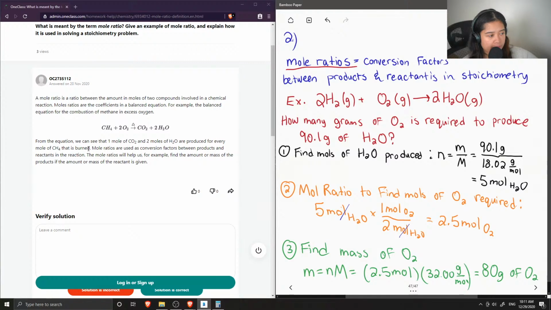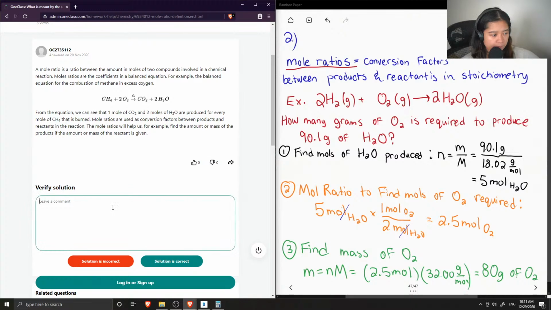From the equation, we can see that 1 mole of carbon dioxide and 2 moles of water are produced for every mole of methane that is burned. Mole ratios are used as conversion factors between products and reactants in the reaction. The mole ratios will help us, for example, find the amount or mass of the products if the amount or mass of the reactant is given. Yep, so this solution is correct.